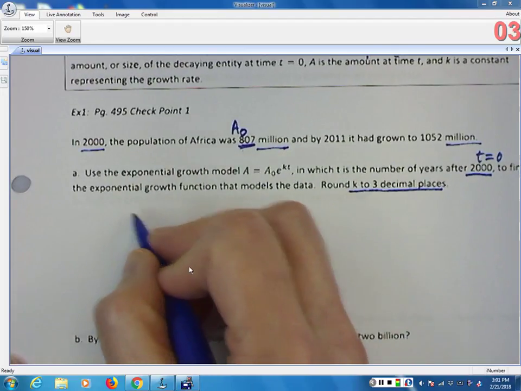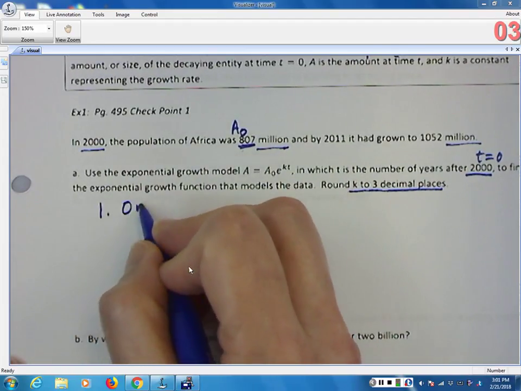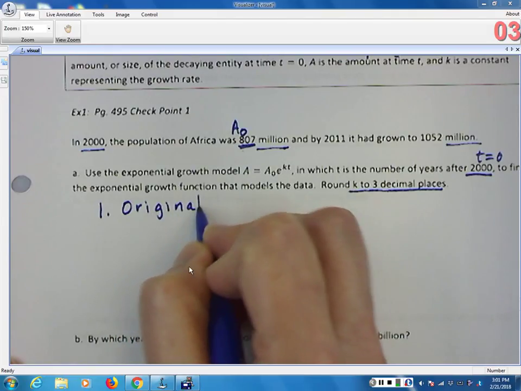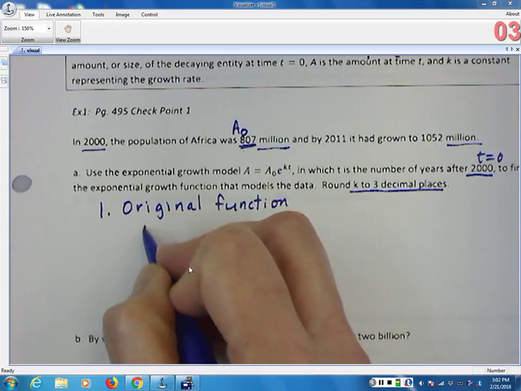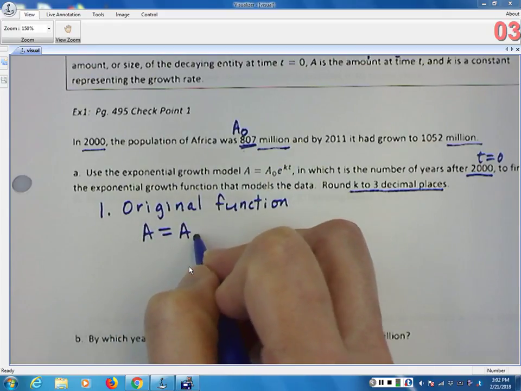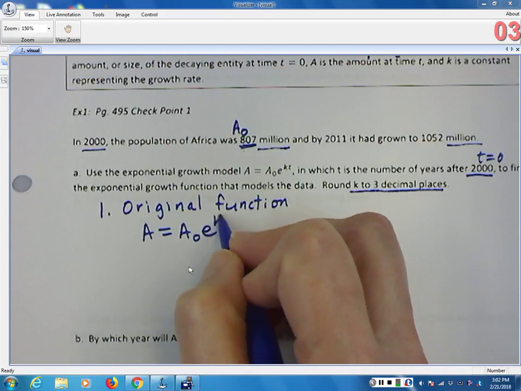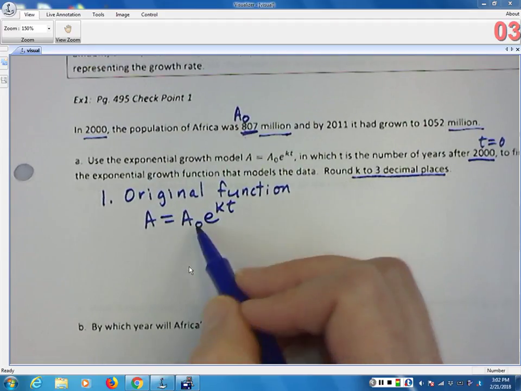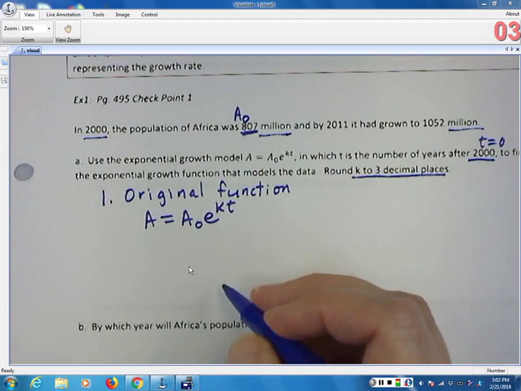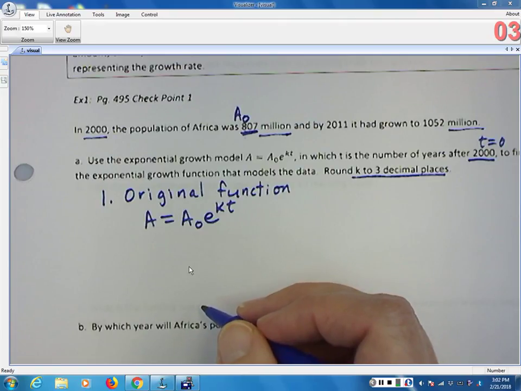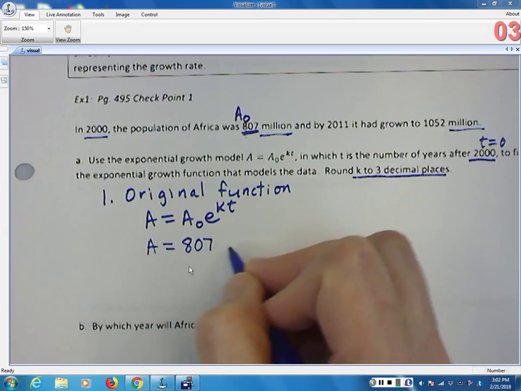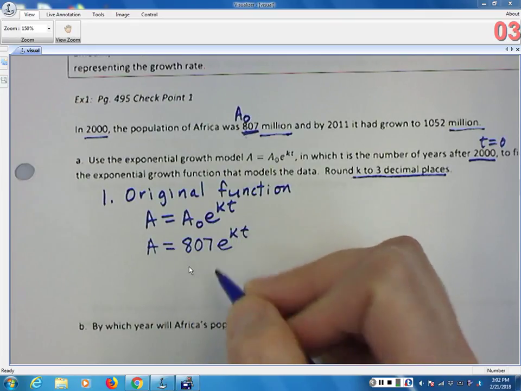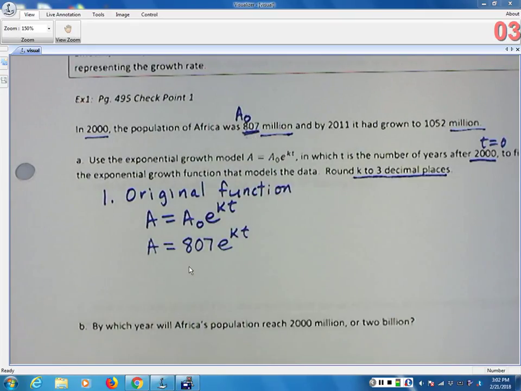So our original function is A equals A0 e to the kt. But it gives us what A0 is, 807. So A is 807 e to the kt, because that's the original amount, 807.